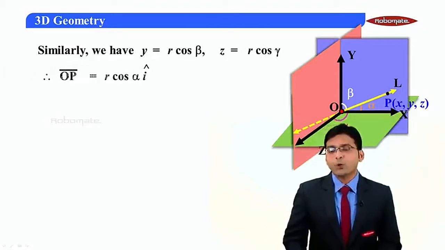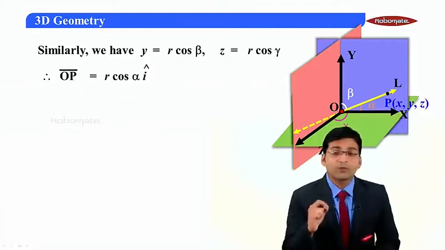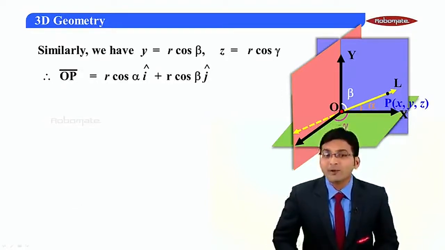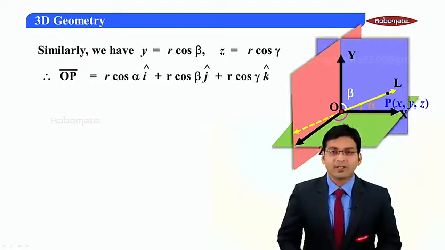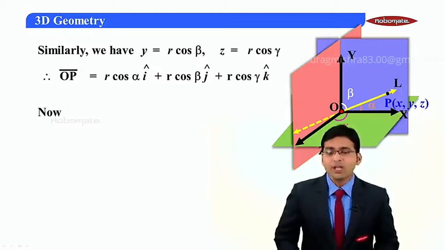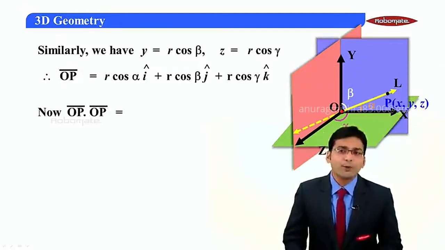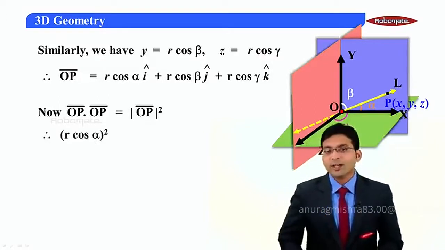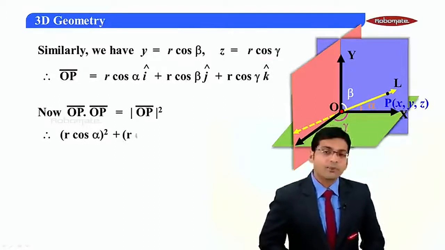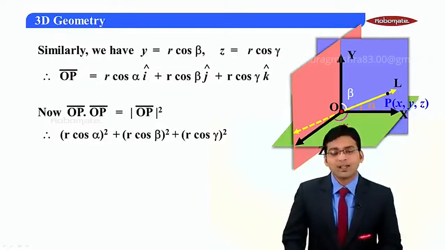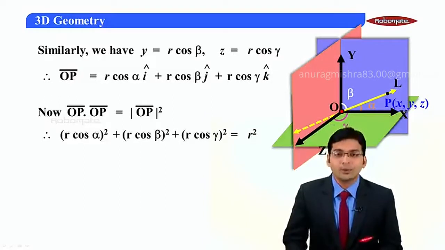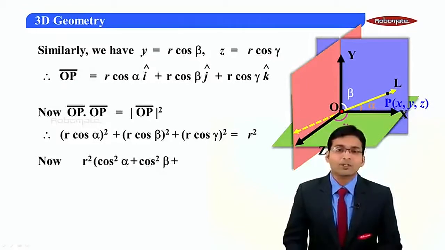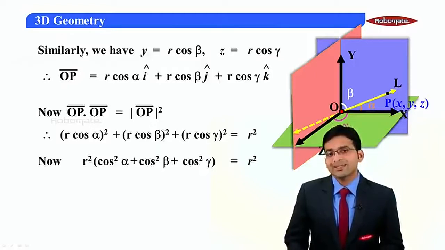Now therefore we say OP bar was x i cap, which will become r cos alpha i cap, y j cap will become r cos beta j cap and r cos gamma k cap. Okay students, now we know that OP bar dot OP bar will be magnitude of OP bar square. So we get (r cos alpha) whole square plus (r cos beta) whole square plus (r cos gamma) whole square is equal to r square, and this will become r square (cos square alpha plus cos square beta plus cos square gamma) is r square.